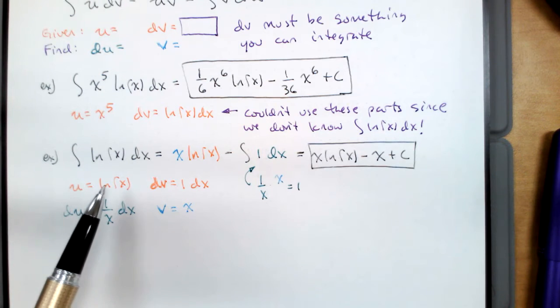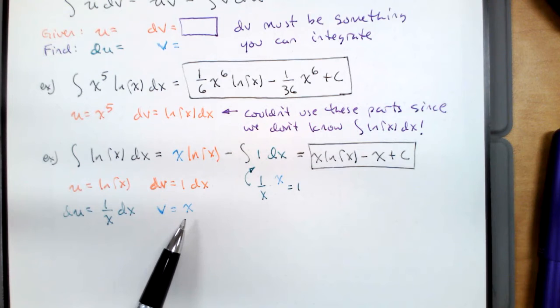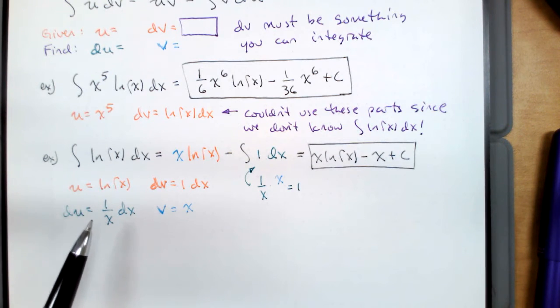The natural log gets differentiated to a 1 over x. Our integral goes up 1 power and then goes down 1 power. And so if we had to integrate x to the 7th natural log of x, we'd have 1/8 x to the 8th natural log of x minus 1/64 x to the 8th. It's a very predictable pattern.